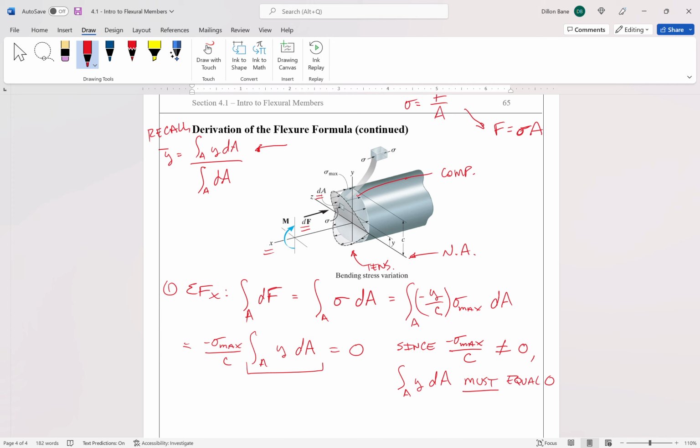All right. So what does that tell us then? It tells us that y bar must equal 0.